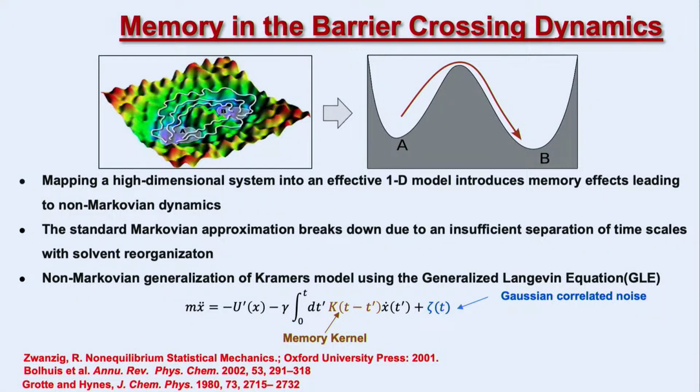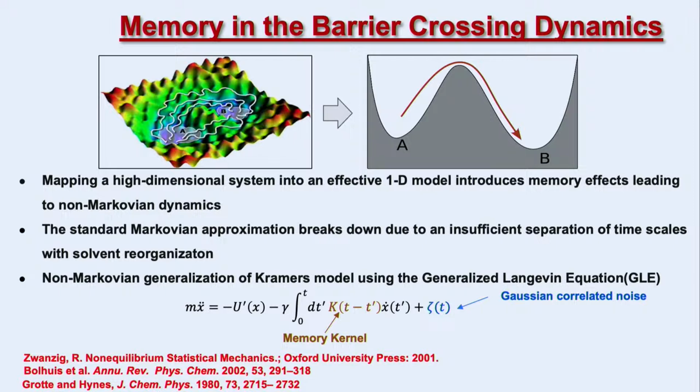Well, mapping a high dimensional system into an effective one-dimensional model essentially introduces memory effects, leading to non-Markovian dynamics. In this case, due to insufficient time scale separation because of solvent reorganization, the standard Markovian assumption fails, and in that context one can do a non-Markovian generalization of Kramers' model by using a generalized Langevin equation.